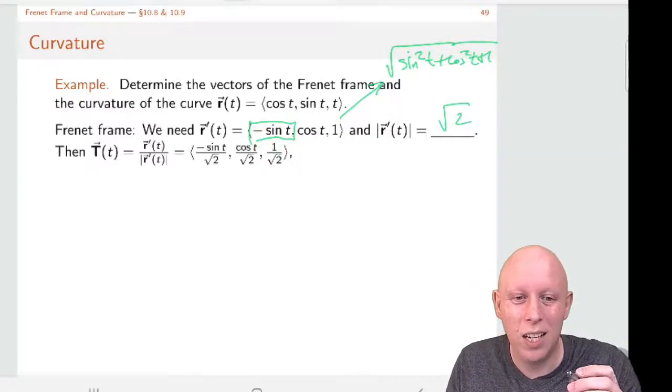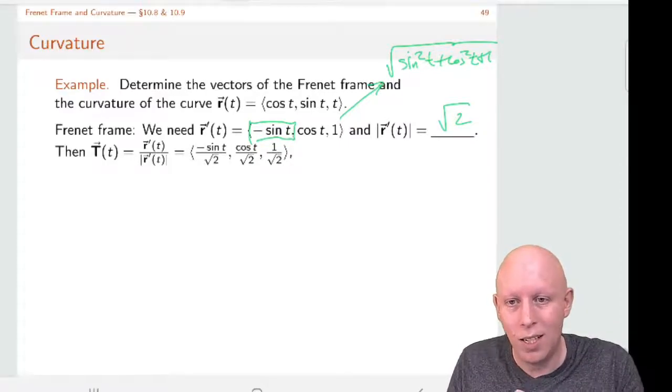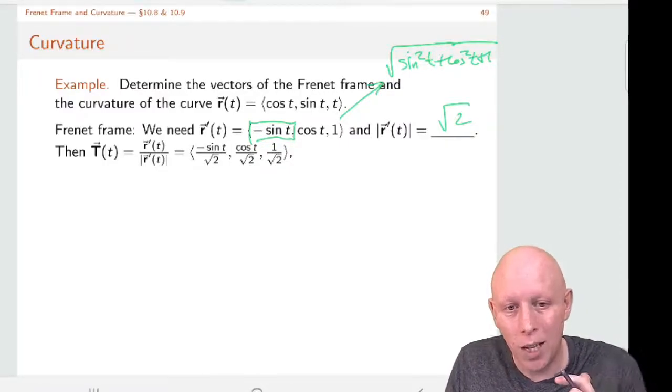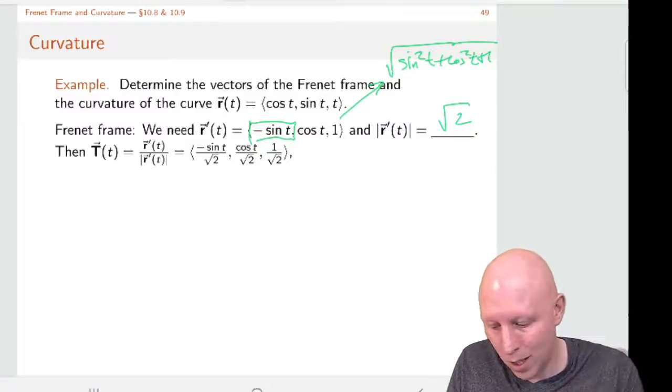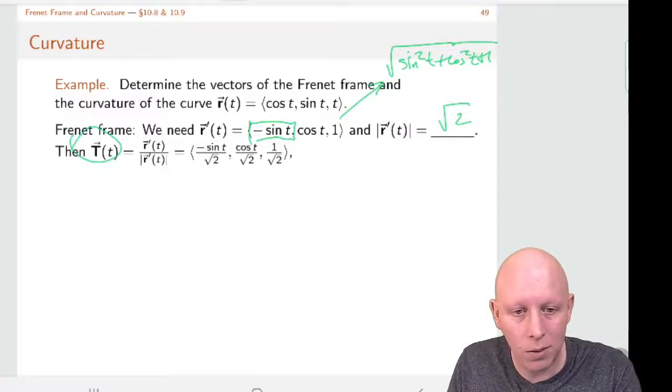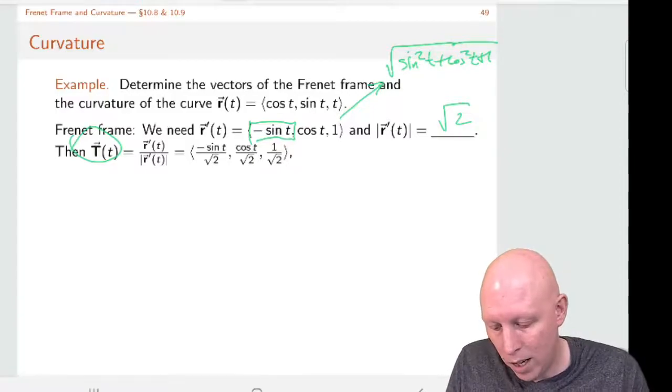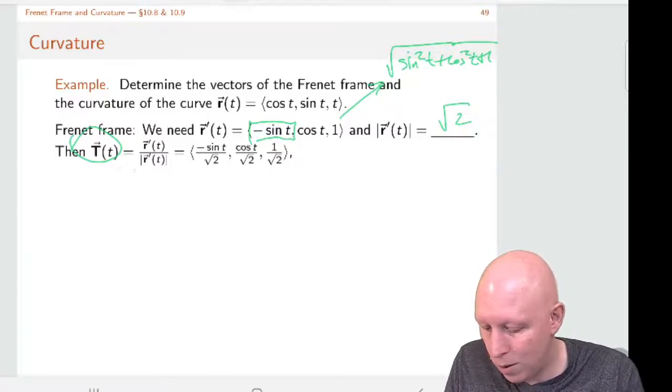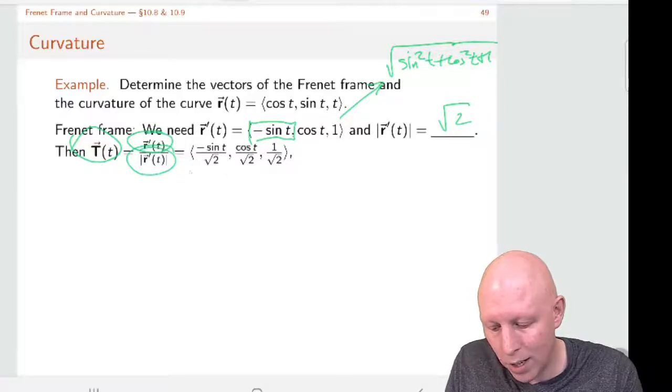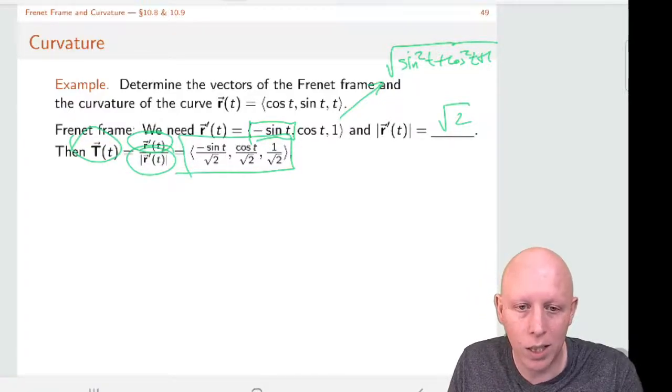So in this case, it's not a polynomial in t, or a more complicated function of t, luckily. That's going to make calculating the derivative of T easier. So when we take r prime of t and divide by the length of that, we get this as our unit tangent vector.